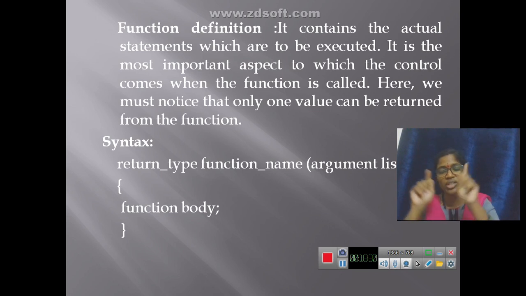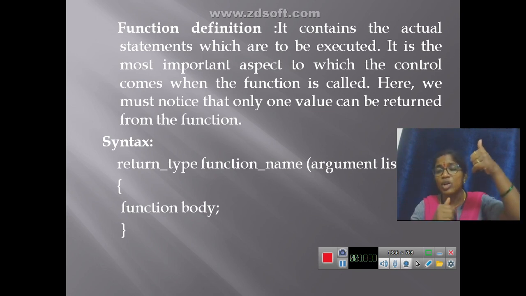Each function is written with open and close parenthesis, inside which we can have the parameters also. After that come the curly braces, which contain the set of instructions indicating what task the function is going to do. That is what the function definition means.